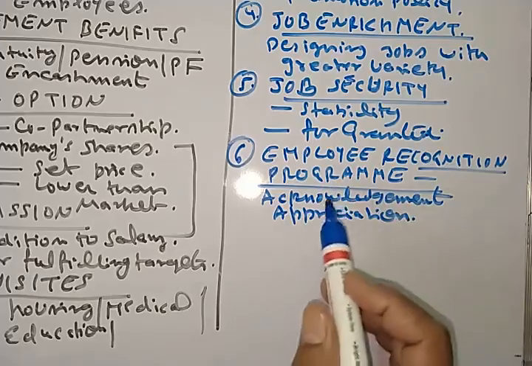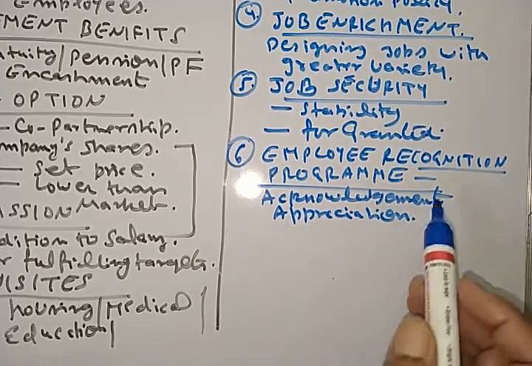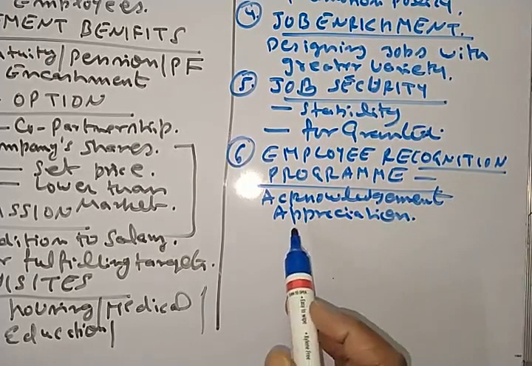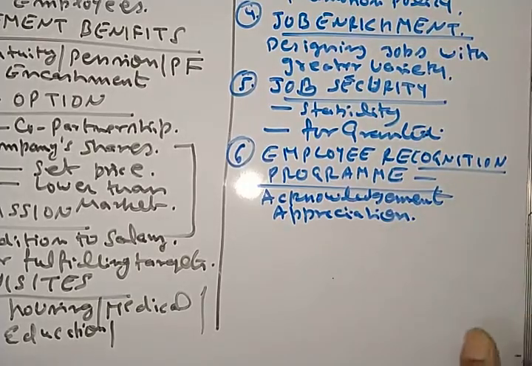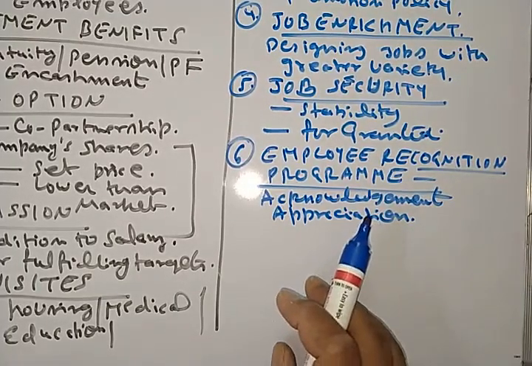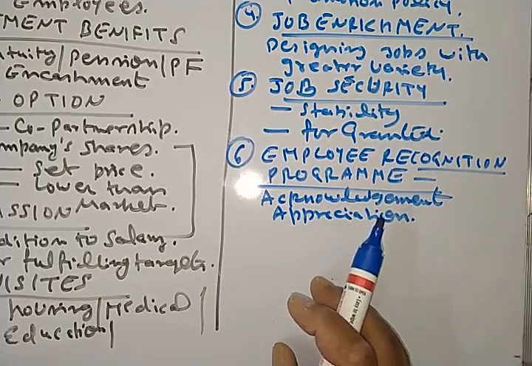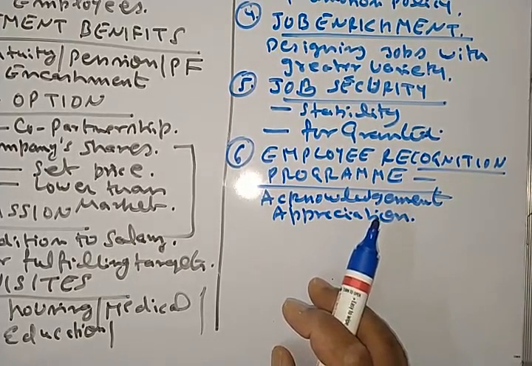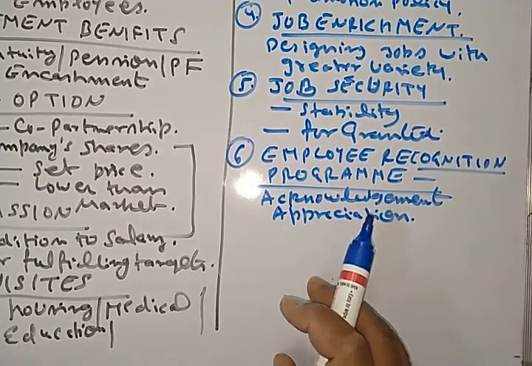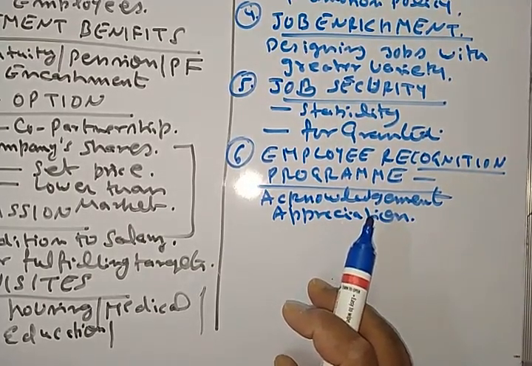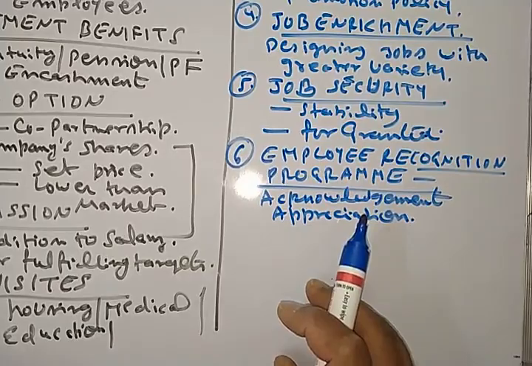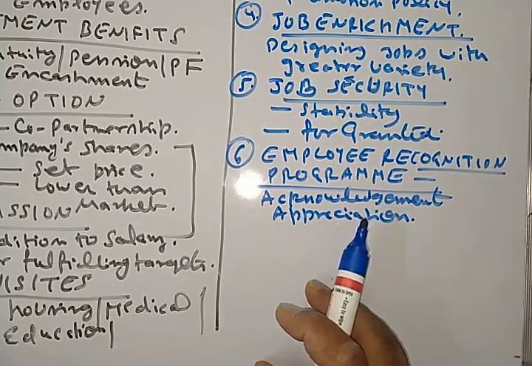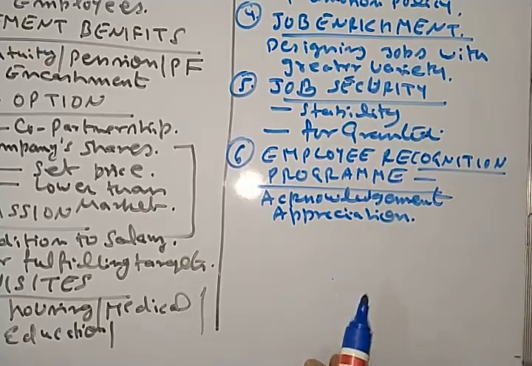So when there is acknowledgement of their work performance, and it is appreciated in front of others, then certainly the self-esteem needs are satisfied. Self-esteem needs, as Maslow has explained in his need hierarchy theory. Self-esteem is boosted up and employee tend to work in a better way.